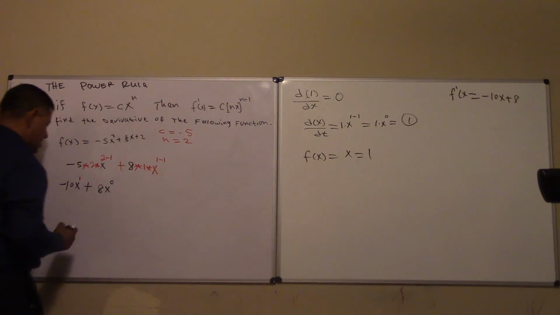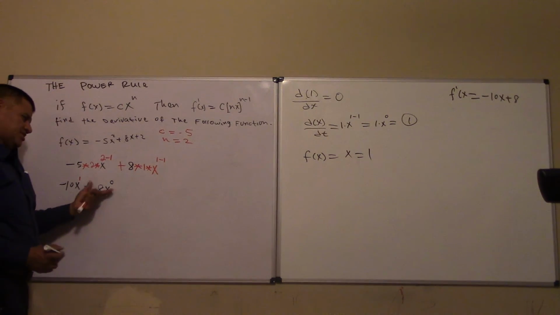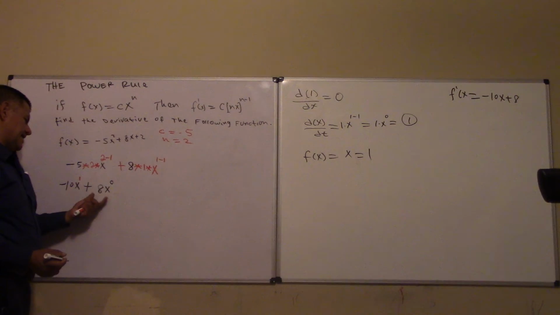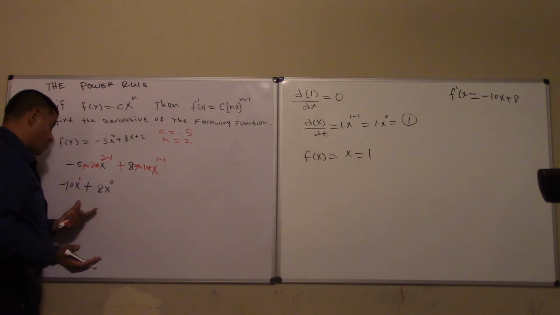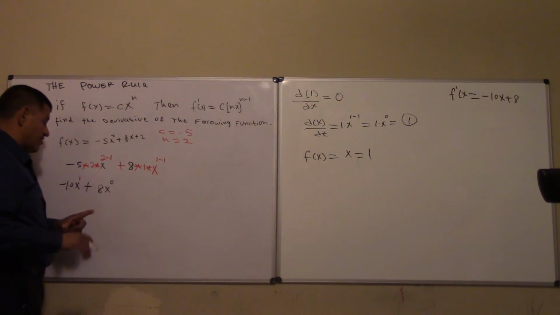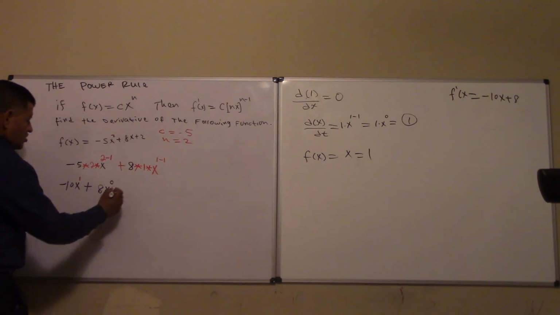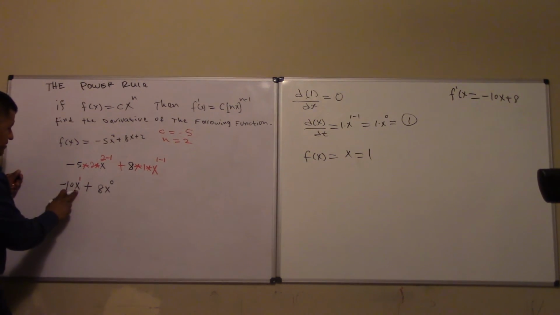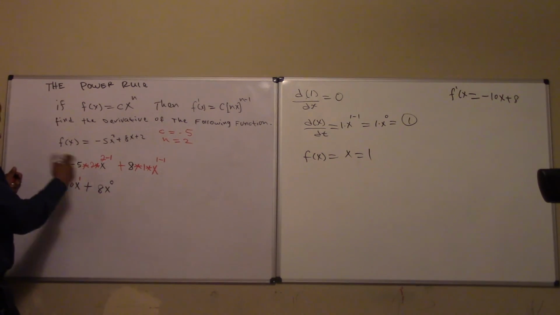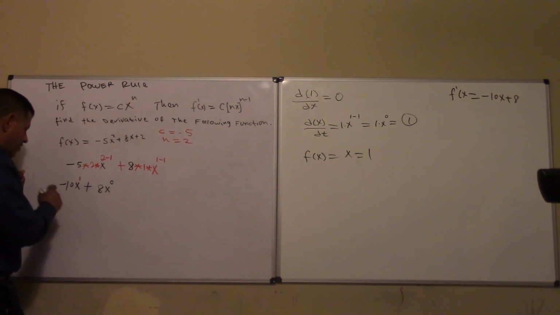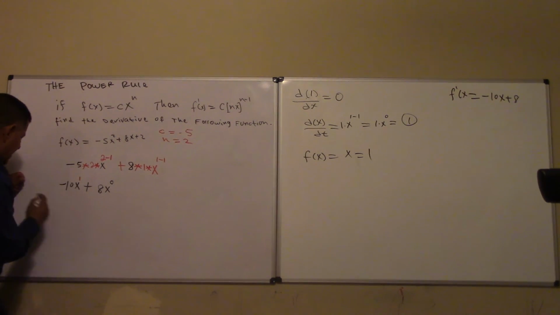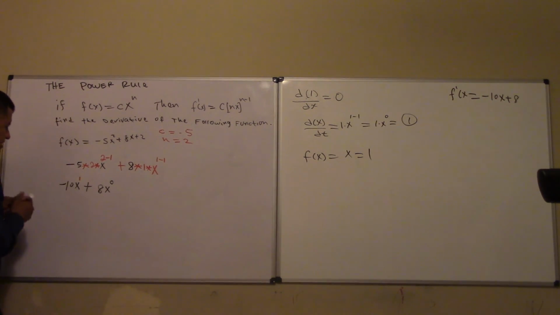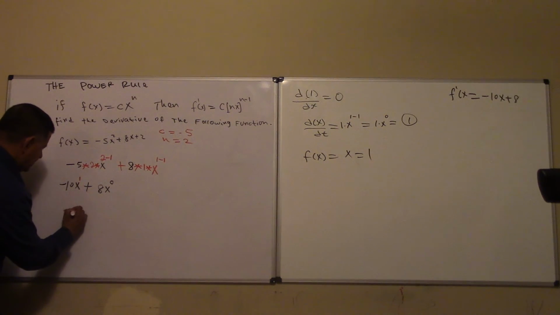Any number to the 0 power is 1, so x to the 0 power is simply 1. And the 1 power of x is just x. The final answer for this is negative 10x plus 8.